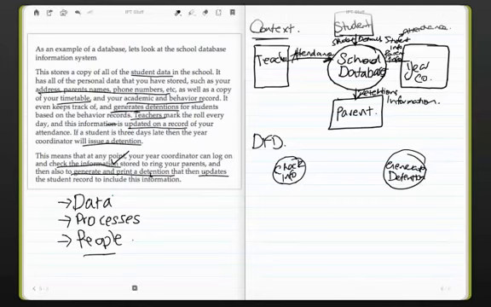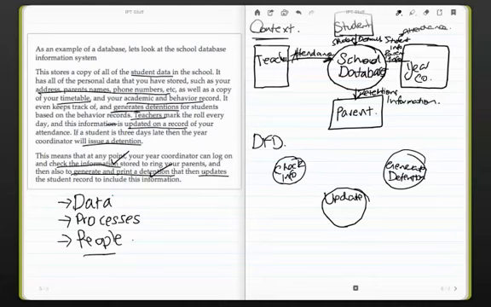Okay, I'm going to tick that up there. We have an update student information. Excuse my circles. Okay, so that's done. We've got timetable, generate detentions. Oh, marking attendance.